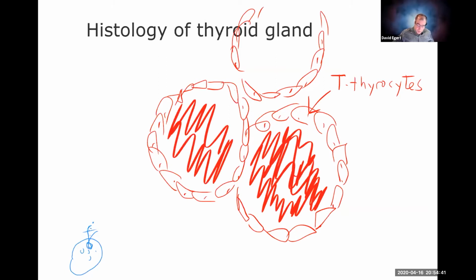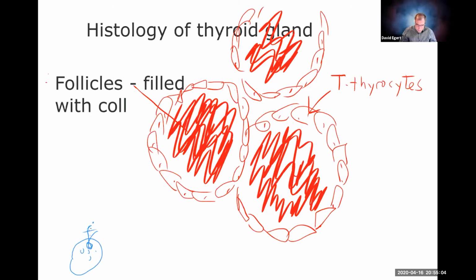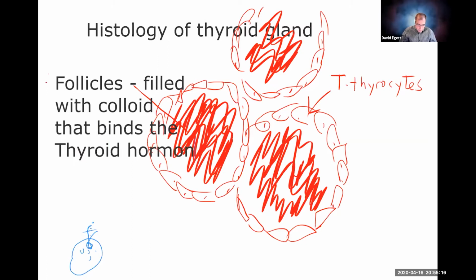These follicles are filled with a stuff called colloid, which binds the thyroid hormone. Under the microscope, they're pretty cool looking.